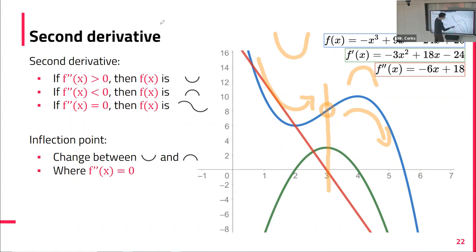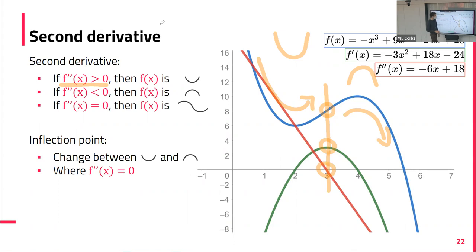And notice that flip is happening where we have a maximum point on our first derivative and a 0 on the second derivative. Let me repeat this again. If we look at all the areas where the function is curving up, then the red line here, the second derivative, is positive.